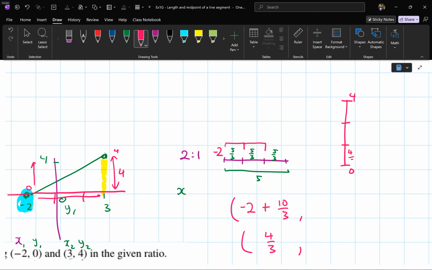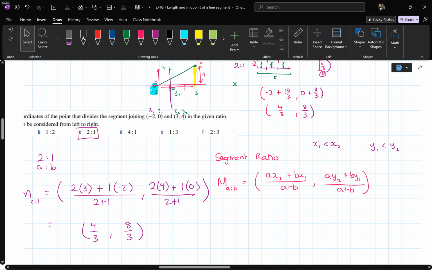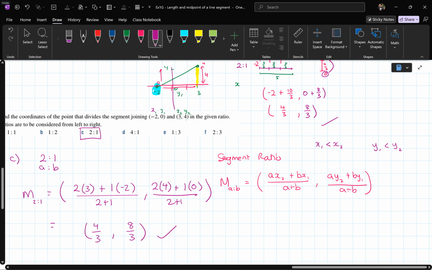So that means each part is 4/3, 4/3, 4/3. So if you wanted to go to the 2 to 1 ratio, or 2/3 of the way, you need to add from 0, you need to add 4/3 plus another 4/3. So it'll be 0 plus double of 4/3 is 8/3, and that's 4 over 3 to 8 over 3, exactly the same answer.